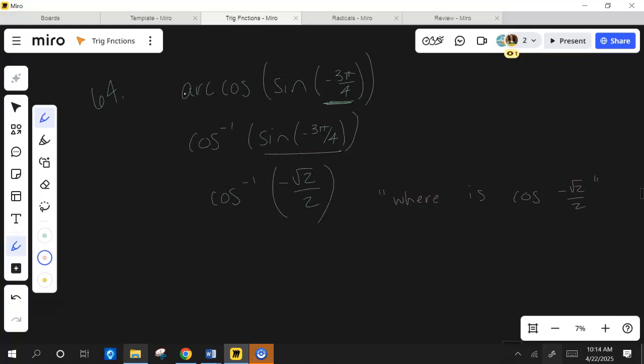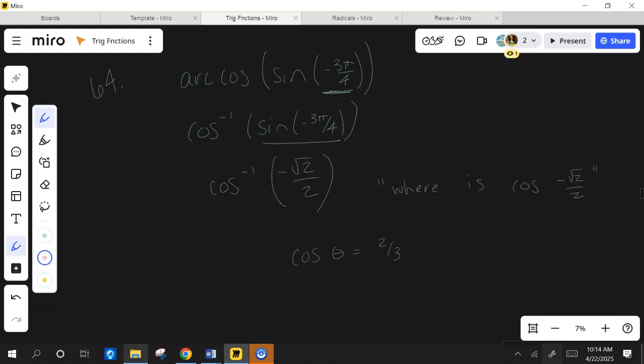Remember, we had some of these where we were solving the triangles and had to solve the equation, like if we had cosine theta equals, I don't know, 2/3, we would do inverse cosine on both sides to find it. Well, if I'm on the unit circle, this just means, where does this happen? So look on your unit circle and tell me, where is cosine negative root 2 over 2? 5 pi over 4. So that's the answer.